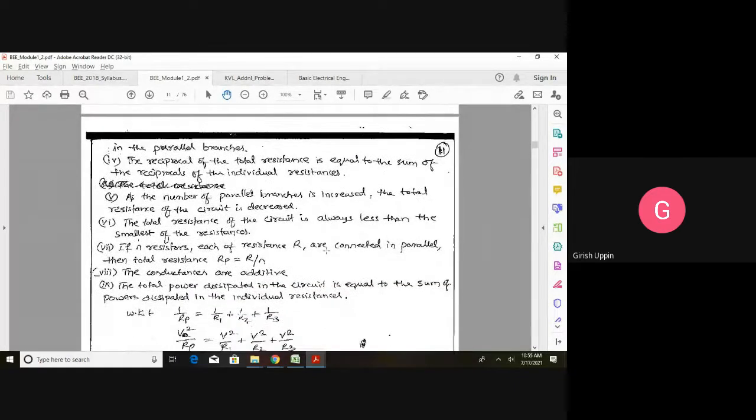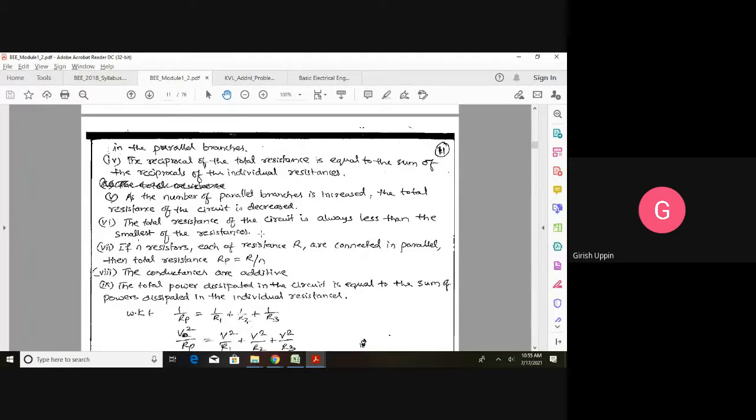As the number of parallel branches is increased, the total resistance of the circuit is decreased. So if you keep on putting more resistors in the circuit in parallel, the effective resistance will decrease. The total resistance of the circuit is always less than the smallest resistance. So you can use this for verification purposes.